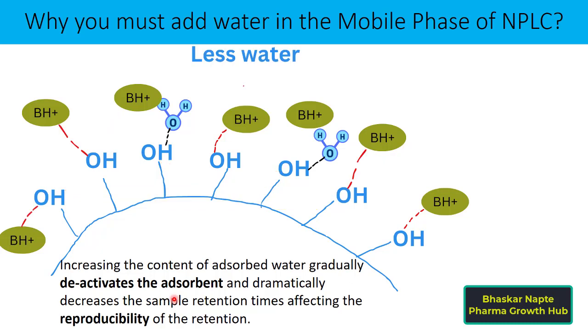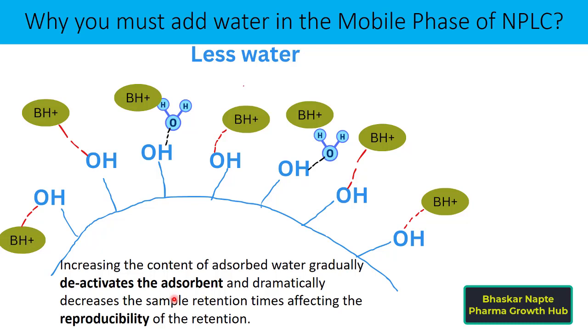In case of less water content, the amount of deactivation will be less and the retention time can be slightly higher. But in this process, as you do not know the amount of water present inside your mobile phase, you always struggle to achieve a reproducible retention time.